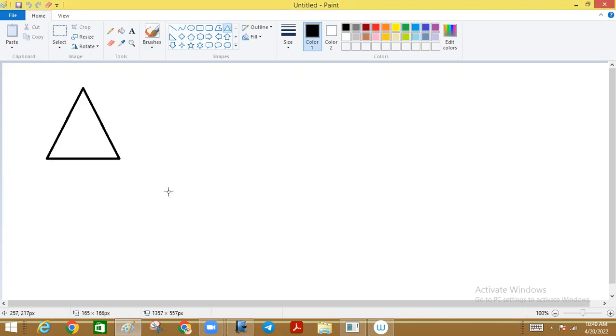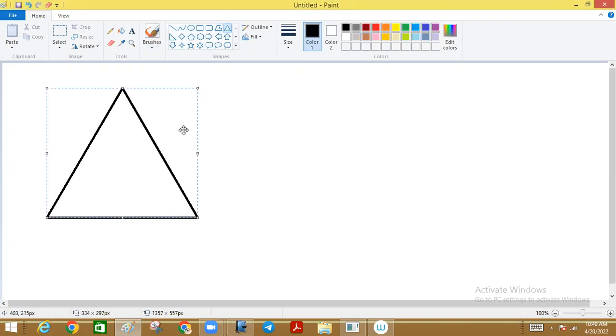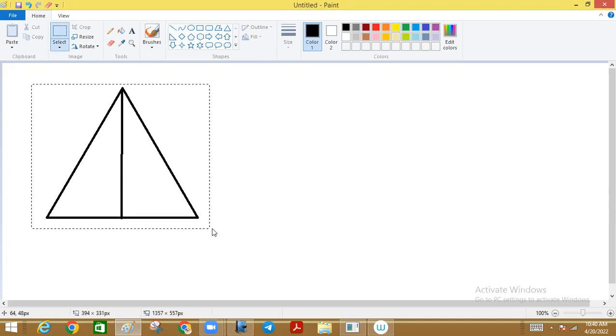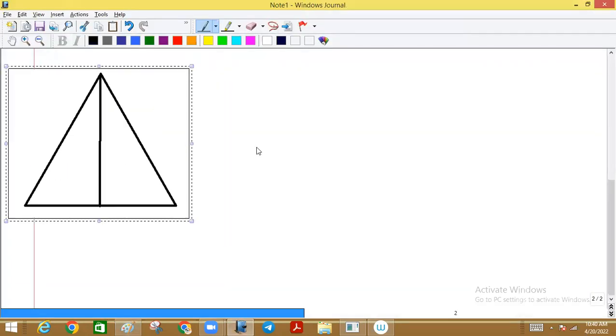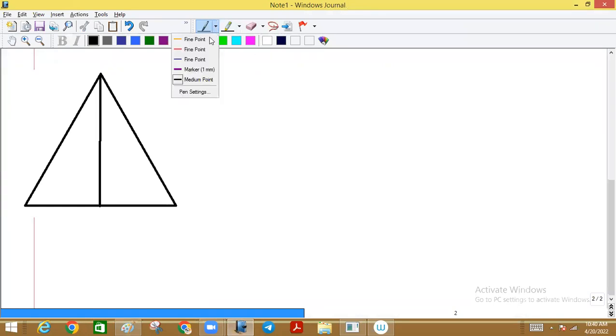See about an equilateral triangle. All sides are equal. AB is equal to BC is equal to CA.